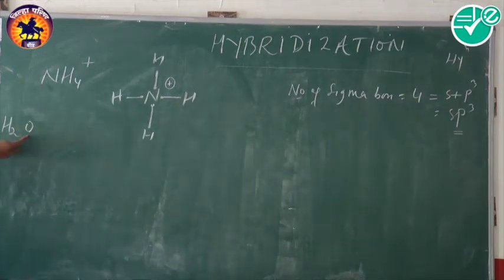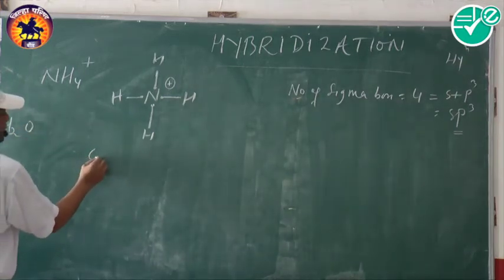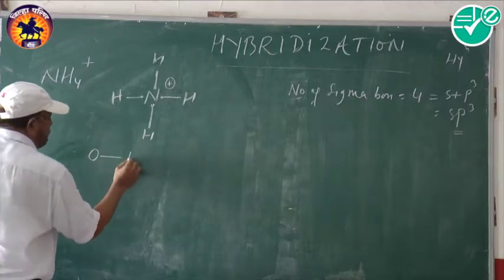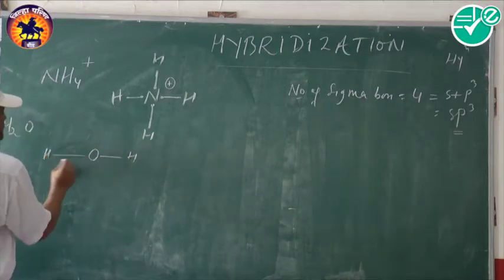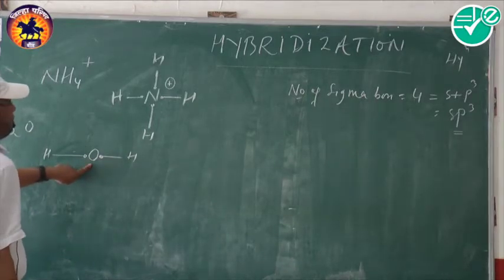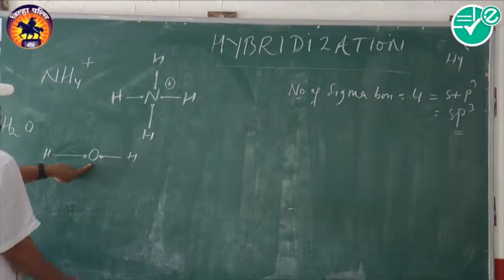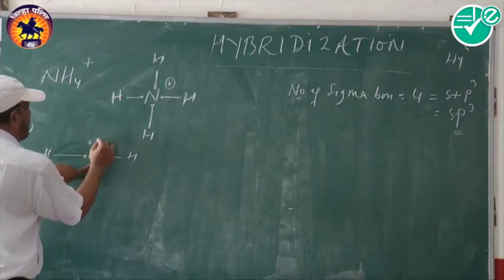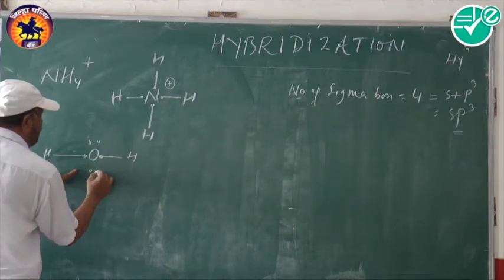Again, next compound, this is your H2O. Here the central atom is O and it has 2 bonds, so 2 electrons. But oxygen belongs to group 6, so there are 4 more electrons.